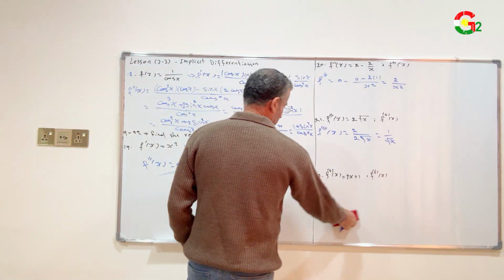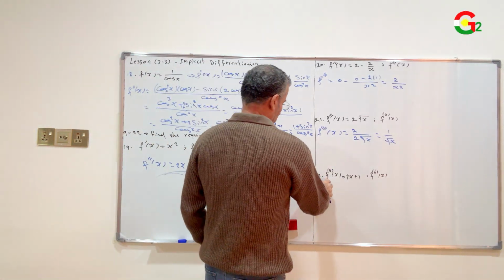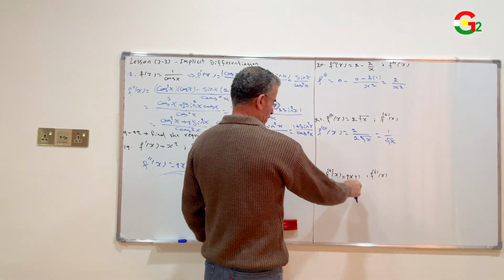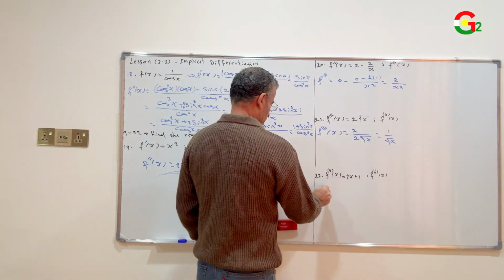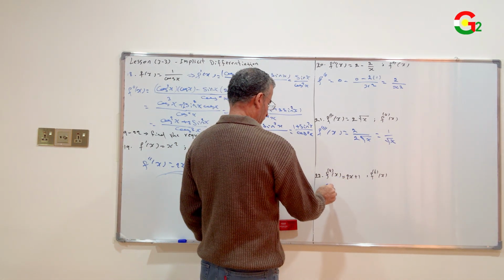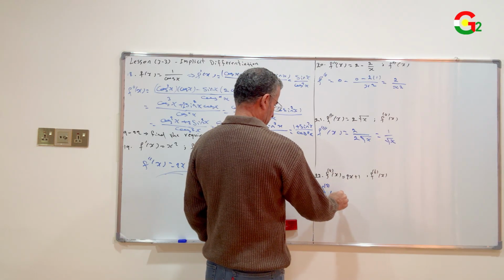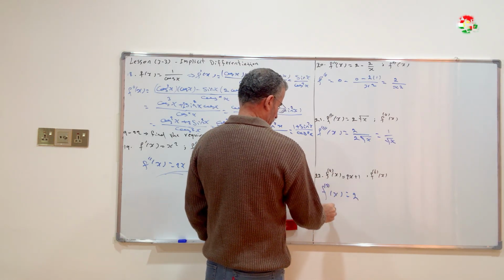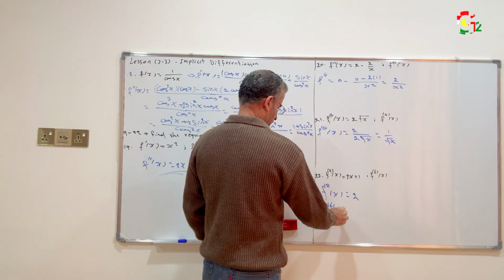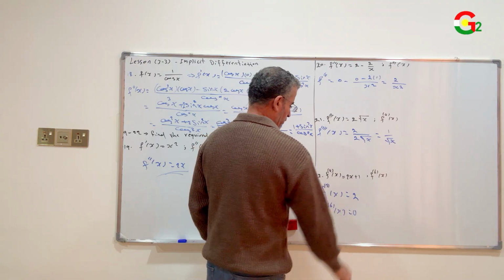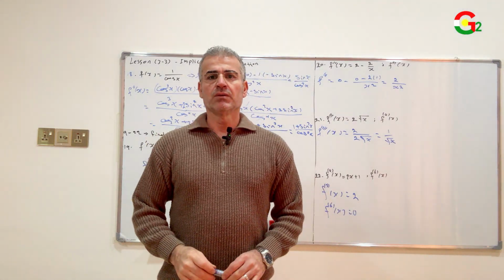Question number 22. The fourth derivative of x is 2x plus 1. Find the sixth derivative. The fifth derivative of x equals 2, and the sixth derivative of x equals 0. See you next lesson.